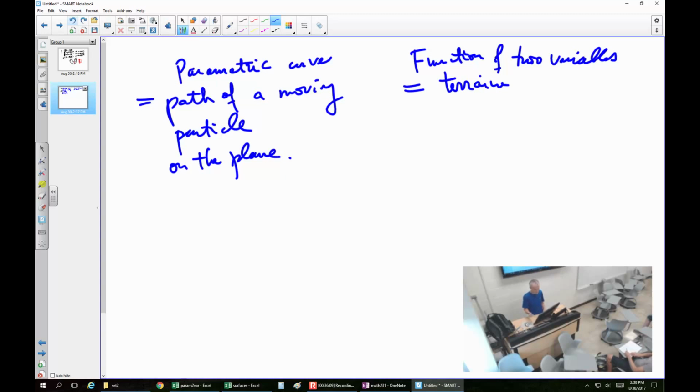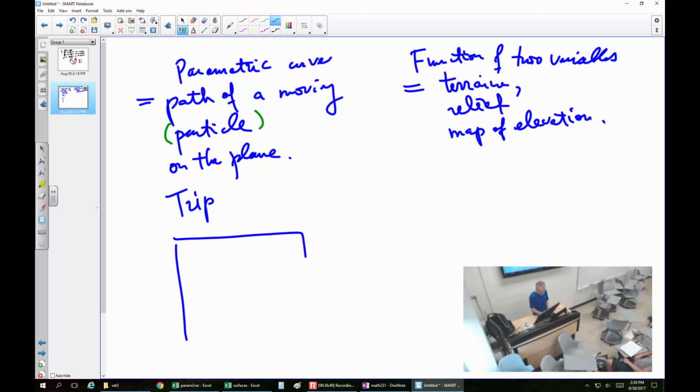Okay, or relief, or just a map of elevation. Okay, so these two actually can be combined together if we just forget for a moment about particles, and just speak about a map and a trip.